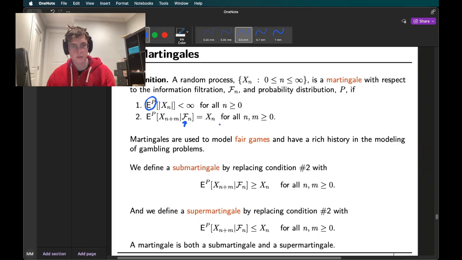So this is a fair game, which means that if we are at time n, the expectation of the value of this random variable X_{n+m} is the same as X_n. So based off the information now, the expectation is not supposed to change.